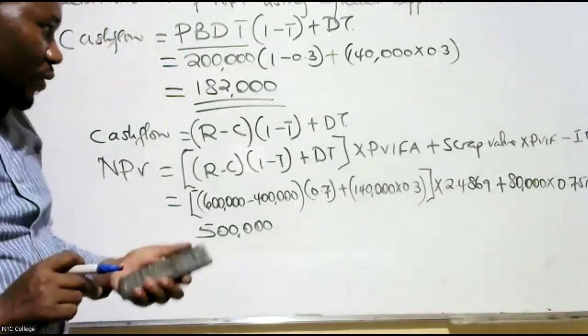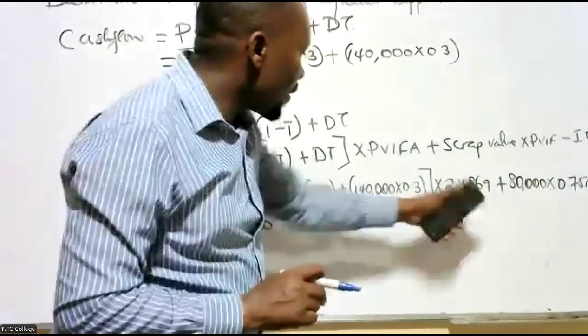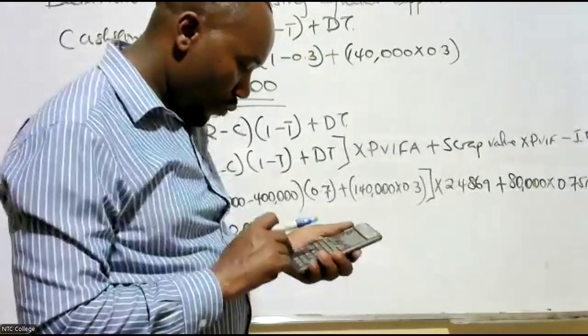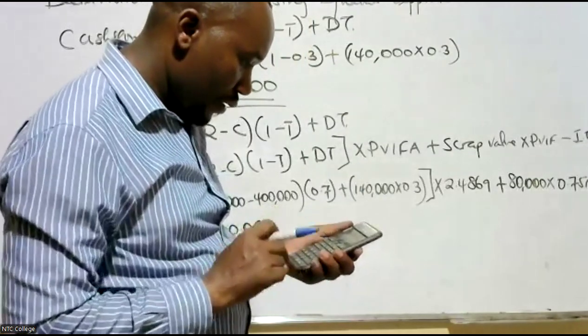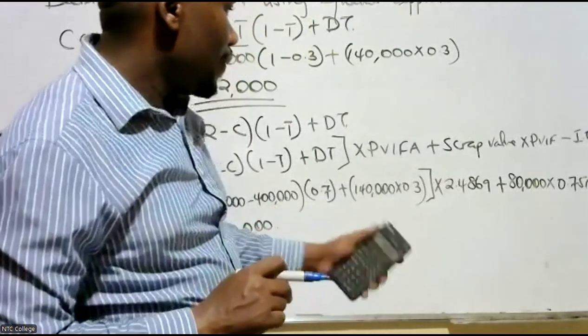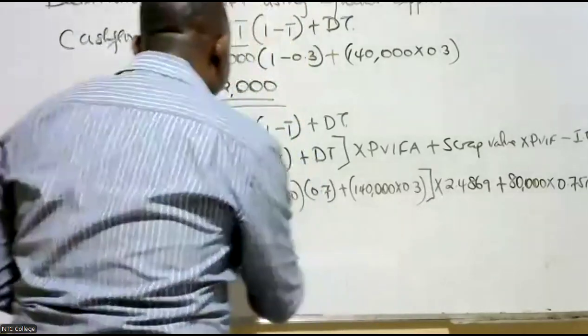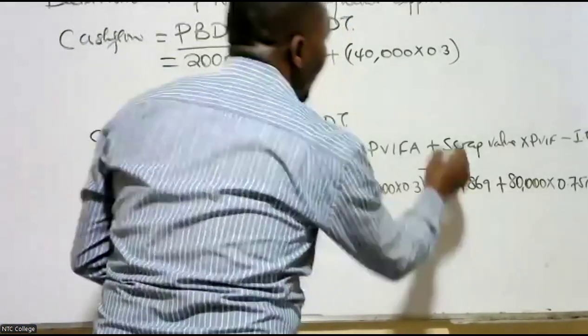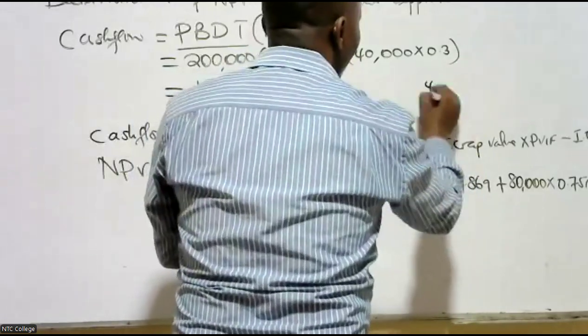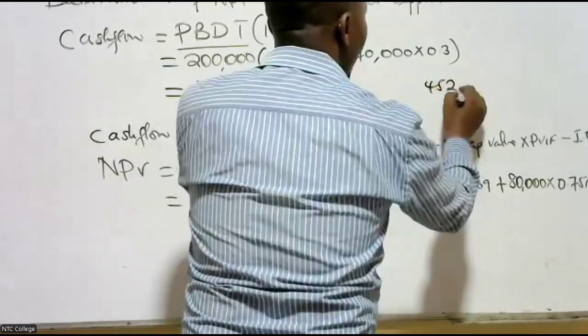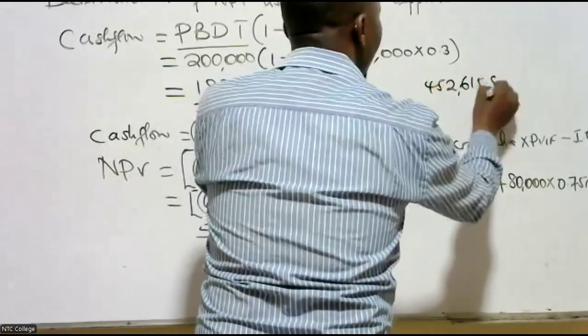I'm getting 182 times this 2.4869. Then now I'm getting all of this up to here. I'm getting something like 452,615.8.